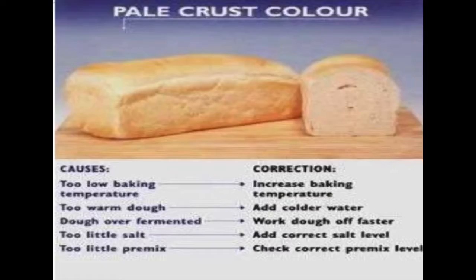You will not get good bloom in the bread. Sufficient sugar production and formation of dextrin during baking can also impart bloom. You can add malt in the formula to improve the bloom. We can use this malt.